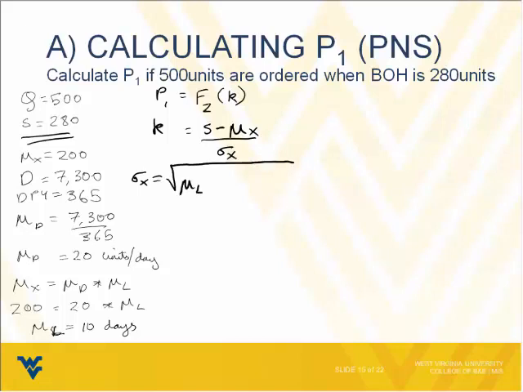It's the average of lead time multiplied by the variance of demand plus the average of demand squared multiplied by the variance of lead time. So we've got the average of lead time, we've got the average of demand. Now what we need is the variance of demand and the variance of lead time.